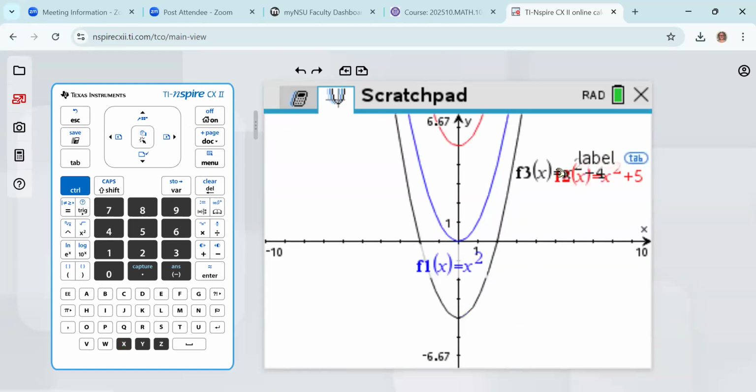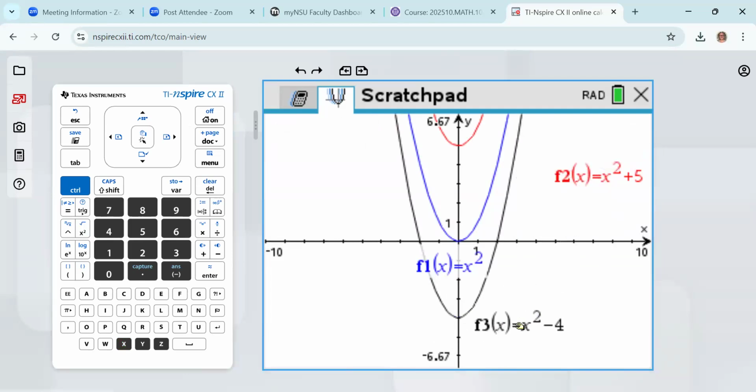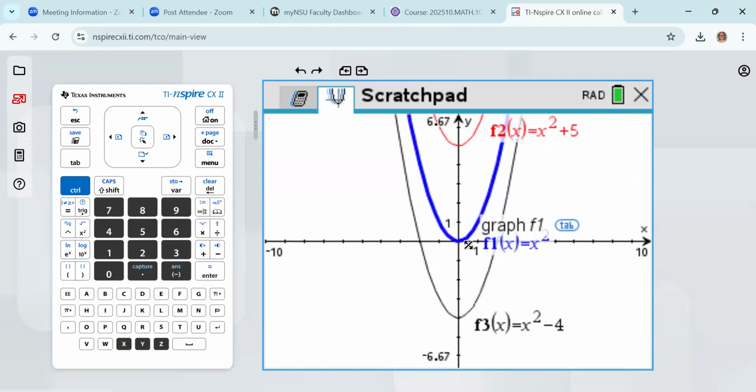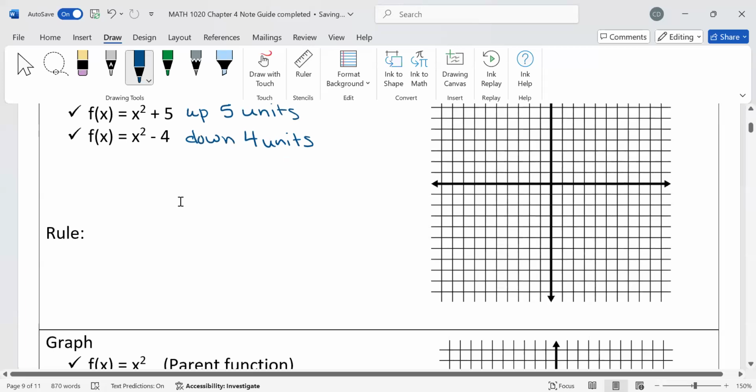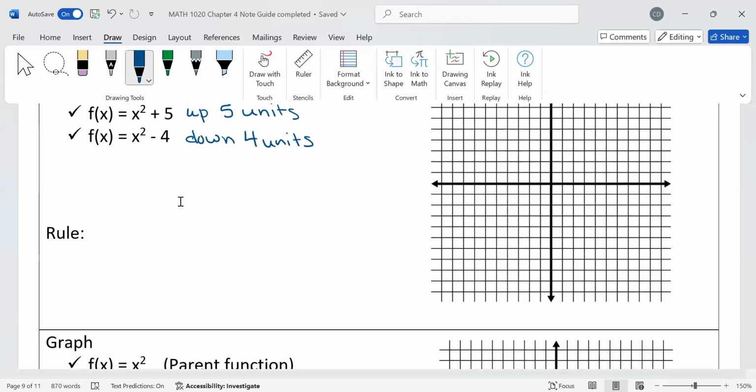-4 is on the outside. So these labels. So that's the original. This is up here. So a -4 shifted it down 4 units, and a +5 shifted it up 5 units. So this one went up 5 units. And this one went down 4 units. So this is what we call outside the function because it's not in any type of grouping symbols.